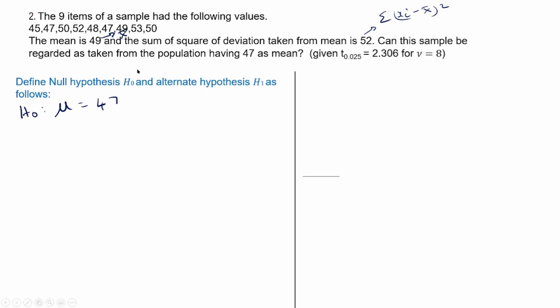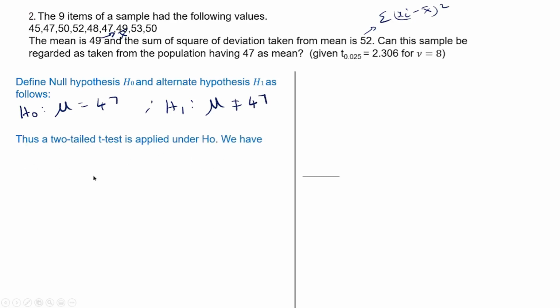We are asked to test whether this sample was taken from the population having 47 as mean. So the population mean mu is 47. So the null hypothesis is H0: mu equal to 47 and alternate hypothesis H1: mu not equal to 47. Thus a two-tailed test is applied under H0. We have t equal to x bar minus mu upon s into root of n minus 1.